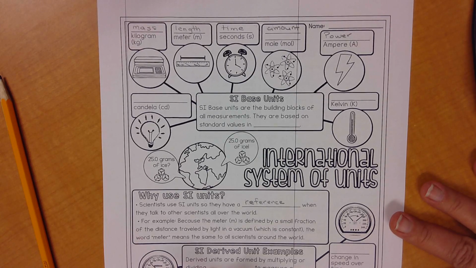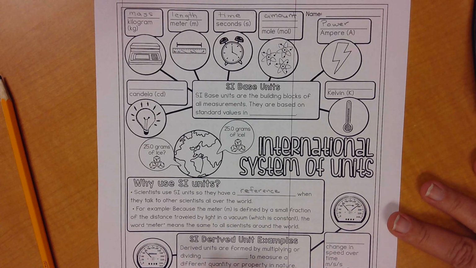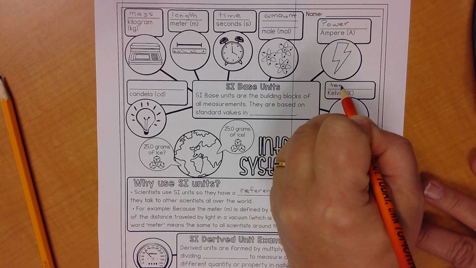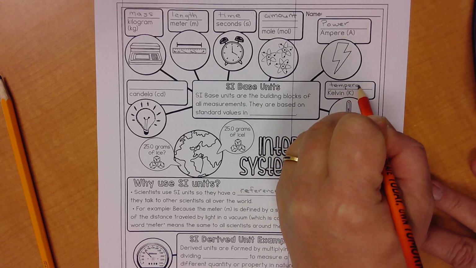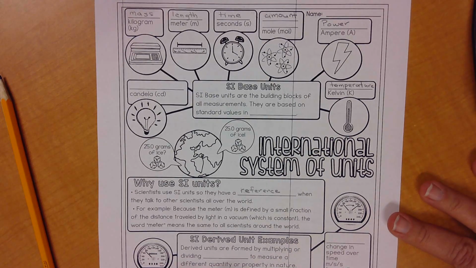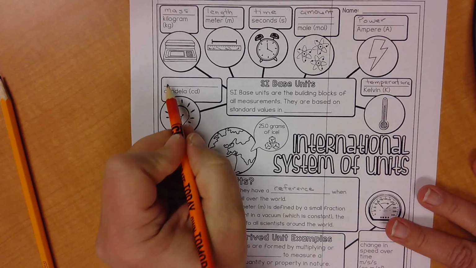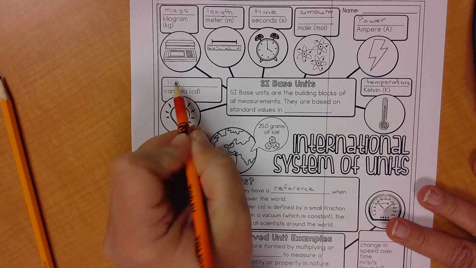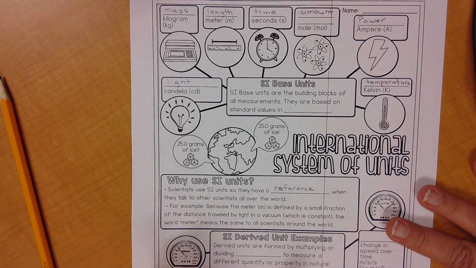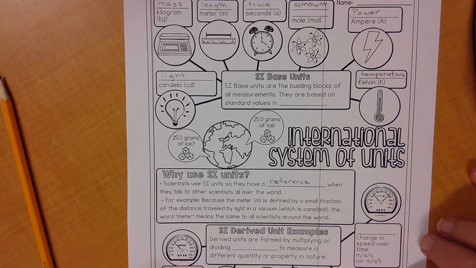If we were taking physics, we would talk about that, but we aren't. Temperature is the Kelvin. When we talk about gases, we will talk about this in more detail. The base unit for light is the candela. Again, physics gets into that more than we will, definitely.